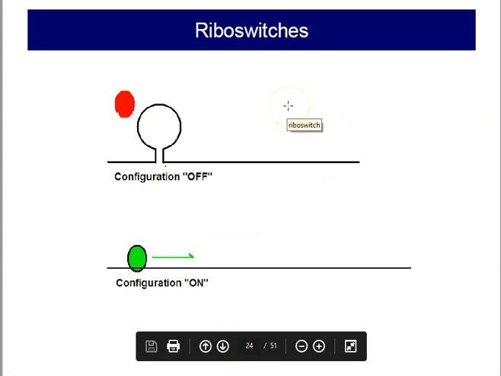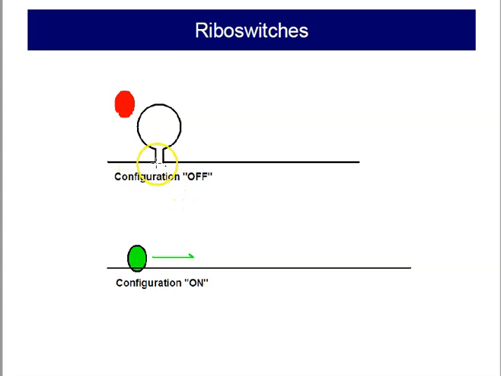Let us look at the riboswitch in terms of its configuration. So now you have a configuration which is off. What has essentially happened is your RNA molecule has formed a secondary structure, and this secondary structure prevents the binding of this particular ribosome. Because the ribosome cannot bind, there is no translation of this protein.